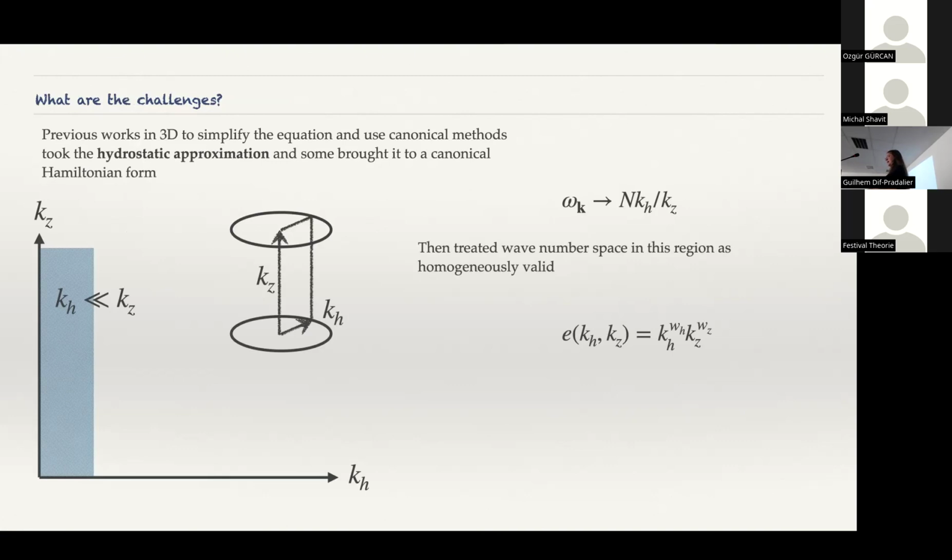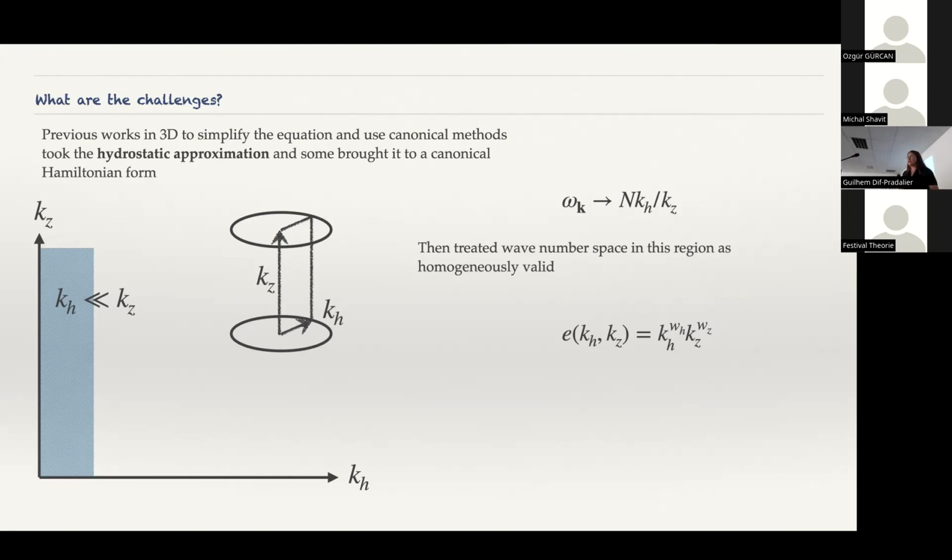Okay, so what was done in 3D works in the past in wave turbulence? First they assumed azimuthal symmetry, so it ended up being two-dimensional. Then they took another approximation, where they assumed that the horizontal scales are much longer than the vertical scales, and this simplifies the equation a lot.